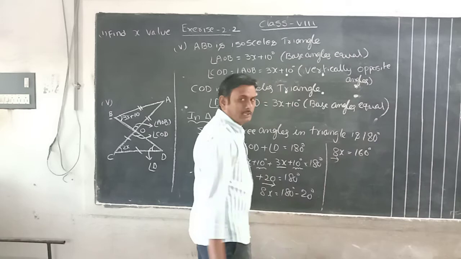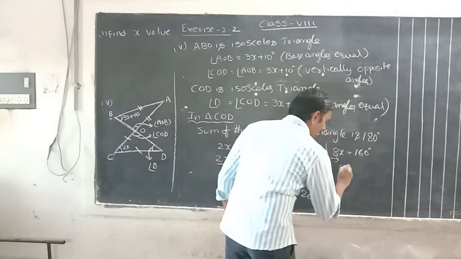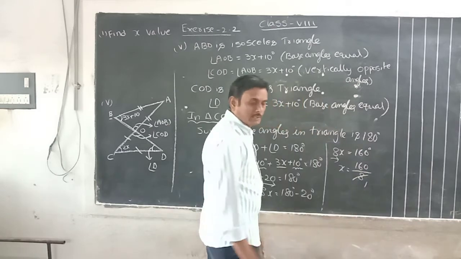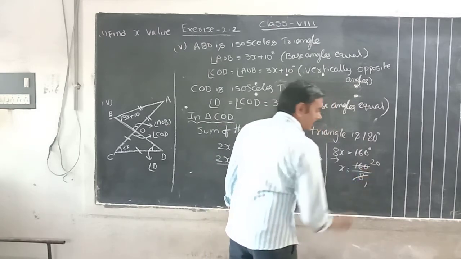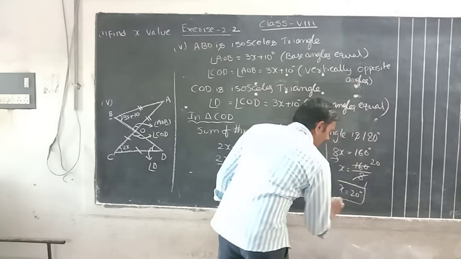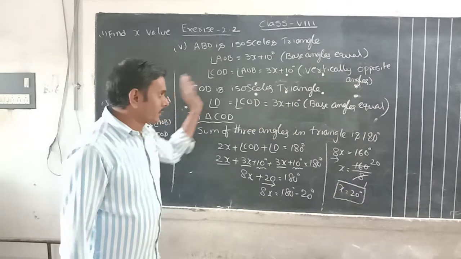Now move 8 also. 8 is multiplying, so on the other side it is divided. X equals 160 by 8. Cancelling, 8 times 2 is 16, so 8 twos are 16 and 0. X equals 20 degrees. This is the fifth question.